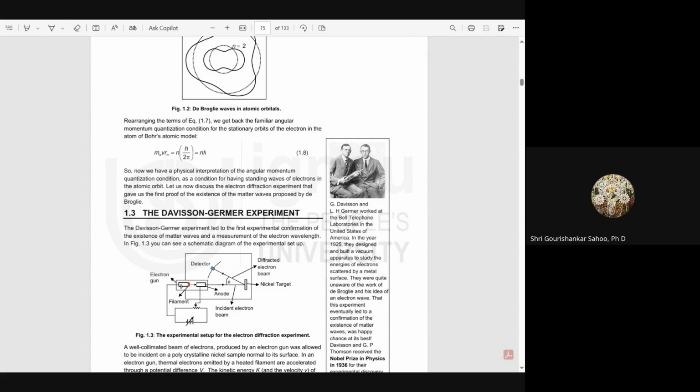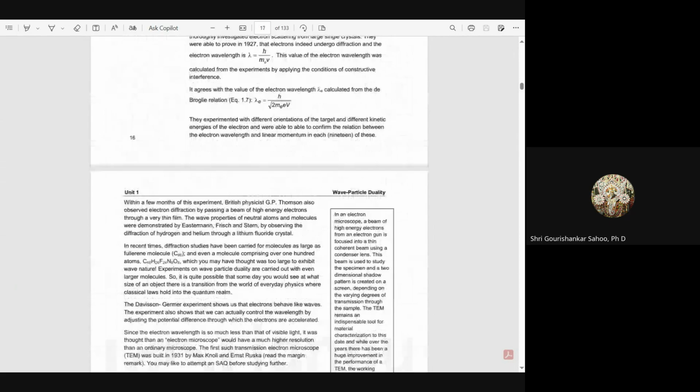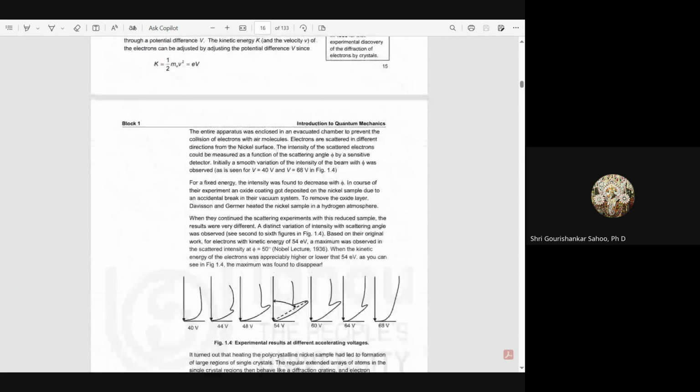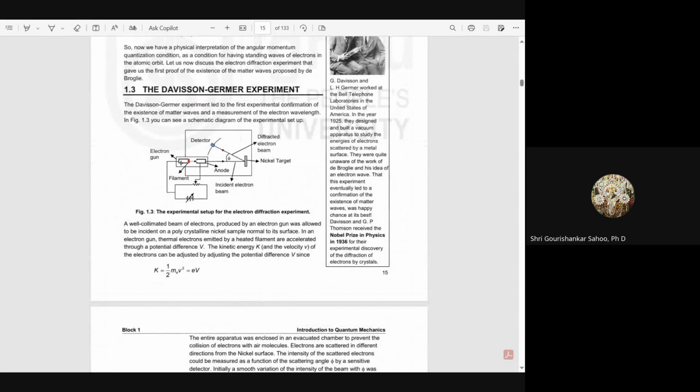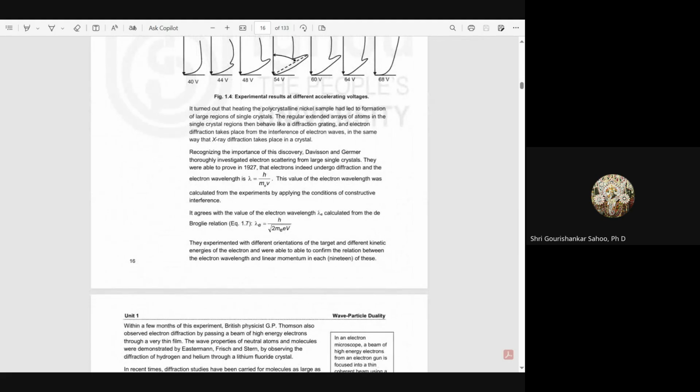Similarly, specific heat was also explained by quantum mechanics. The Davisson-Germer experiment confirms the existence of matter waves, and the electron wavelength is given by the formula lambda equals h by mv, where h is Planck's constant, m is the mass of the electron, and v is the velocity of the electron.